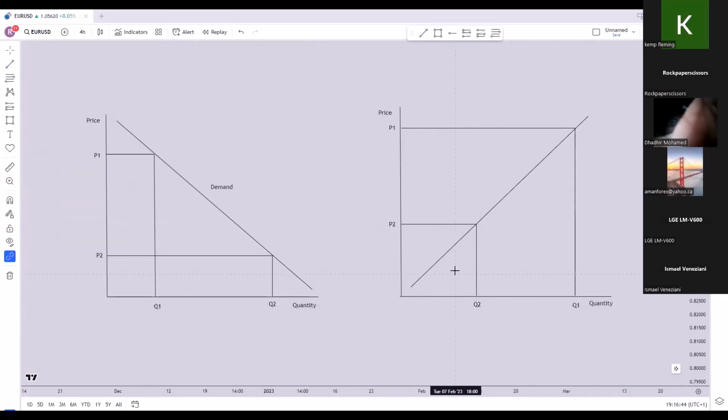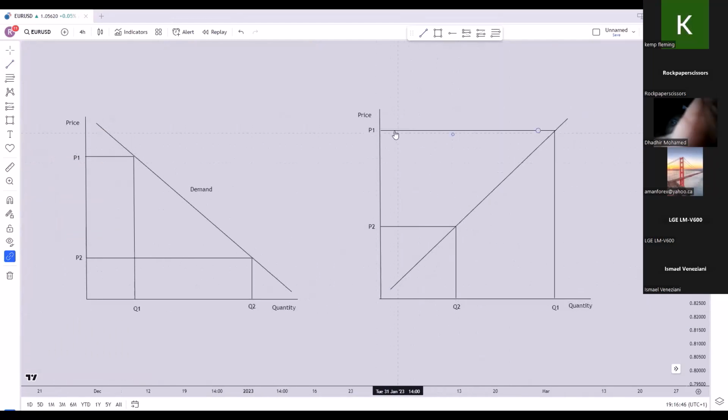We'll go through that one more time. At P1 and Q1, price is at its lowest and quantity is also at its lowest. But at P2 and Q2, price is at its highest, so supply of the quantity is also at its highest. This is because the sellers will want to sell more while the price is still high.